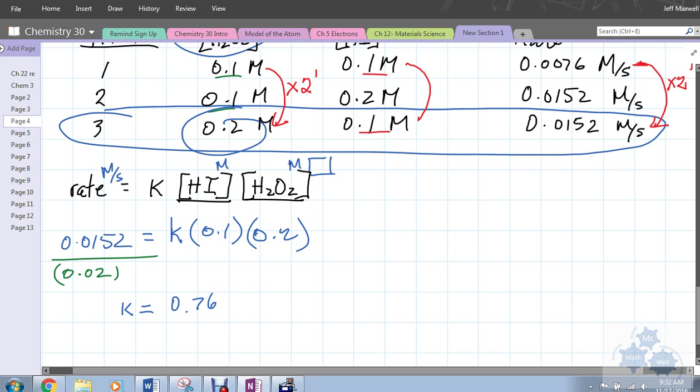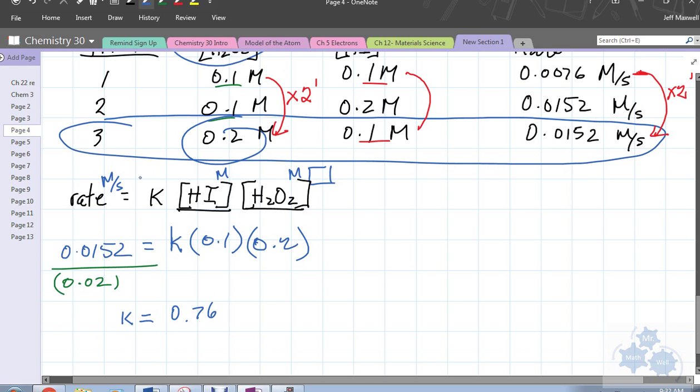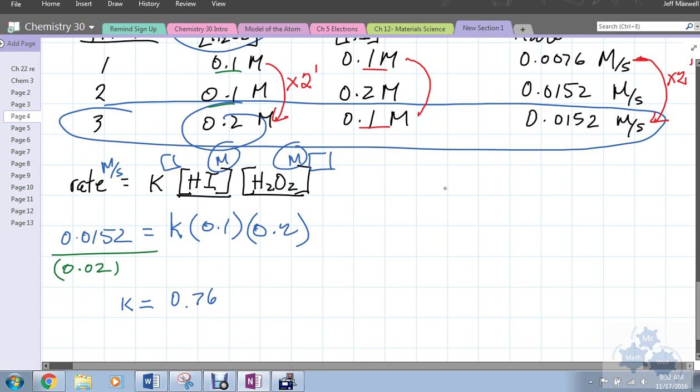So the constant here is going to have to reconcile these units. So we've got moles per liter squared. We need to get to moles per liter per second. So what's the units going to be here? We won't write it, but let's just figure that out real quick.